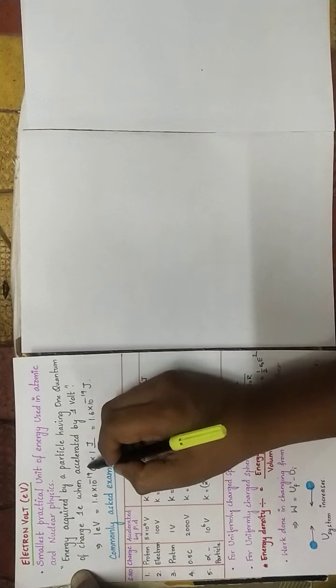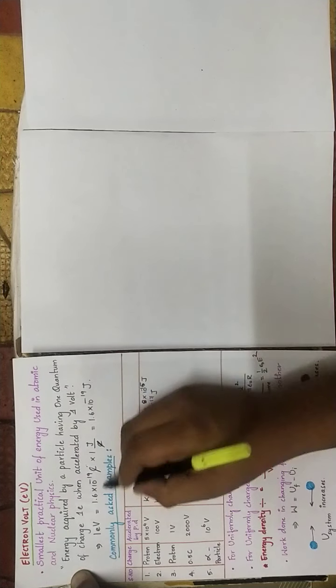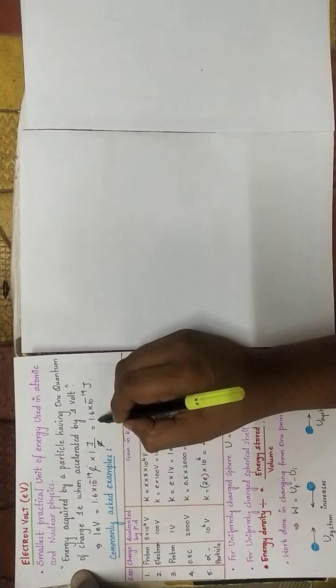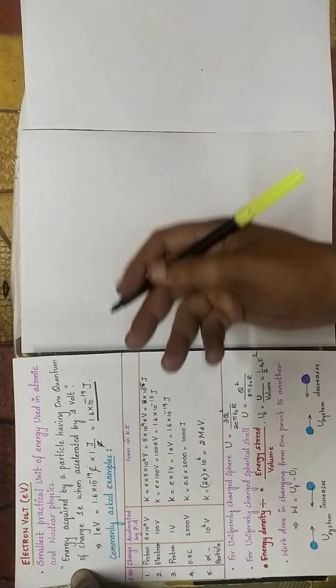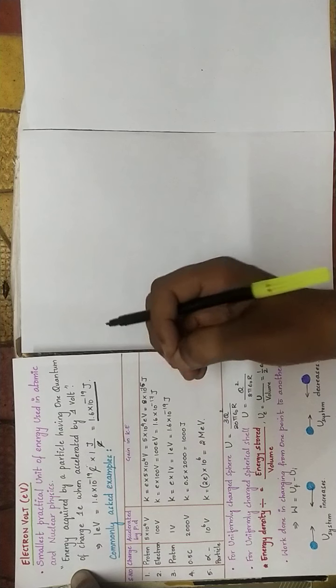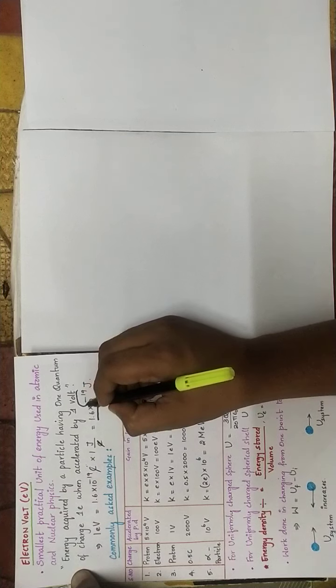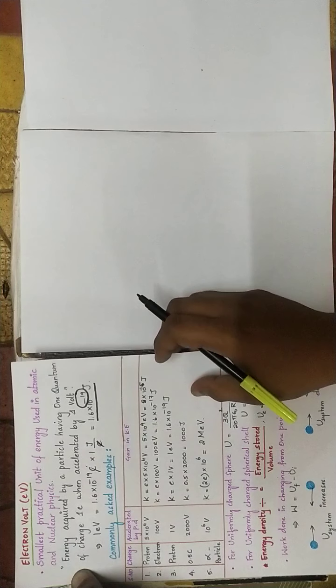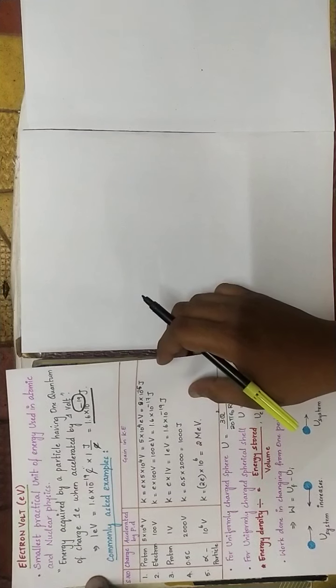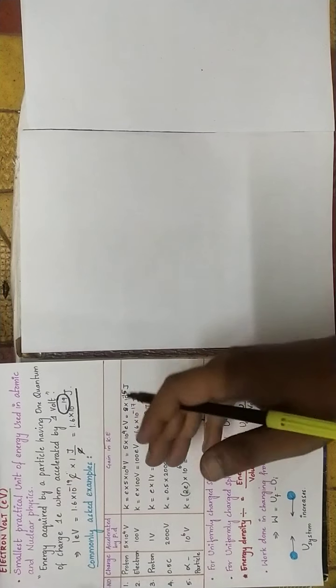Coulomb and coulomb get cancelled, so you will have 1.6 into 10 power minus 19 joules. So 1 electron volt has this much energy, which is a very small quantity because its power is raised to minus 19.